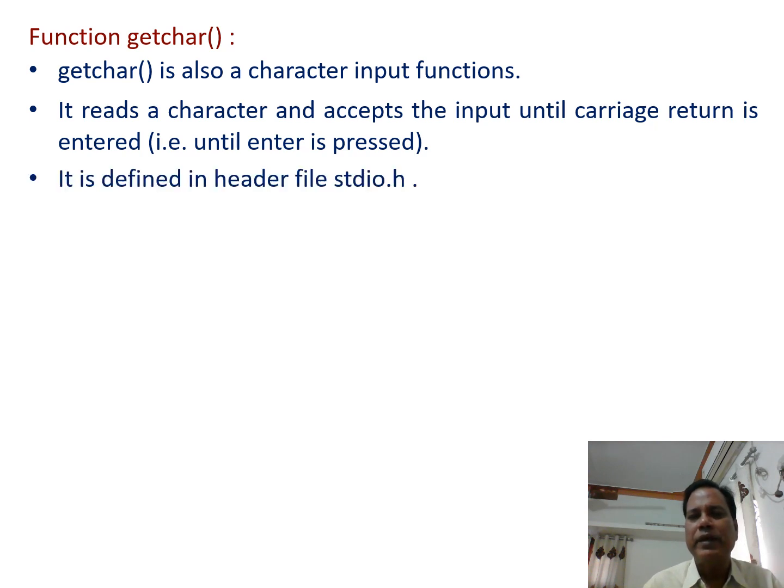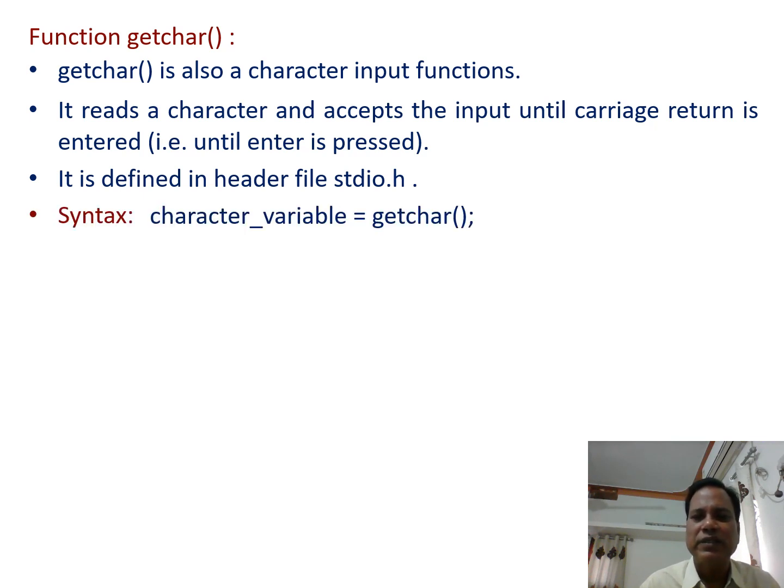It is defined in the header file standard input output .h. So getch and getche are defined and declared in the conio.h header file, whereas the getchar function is defined in the standard input output .h header file.